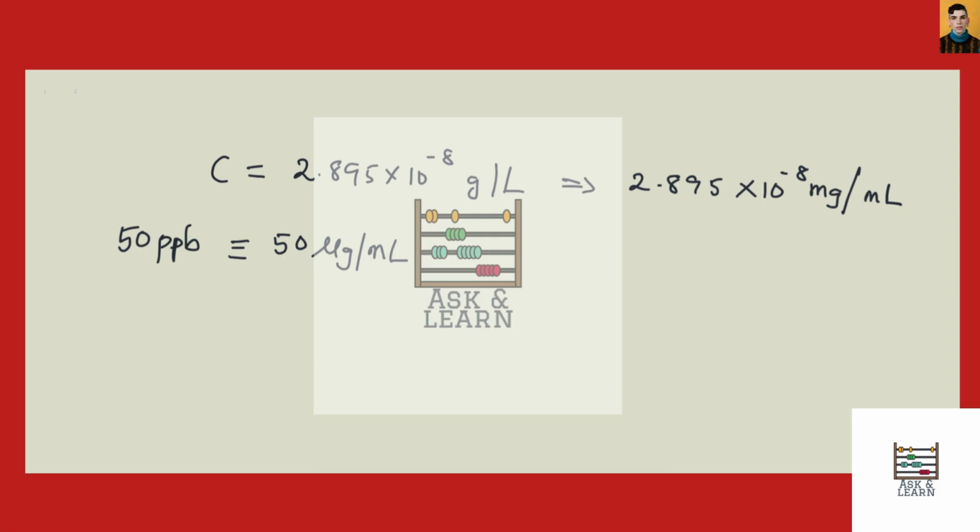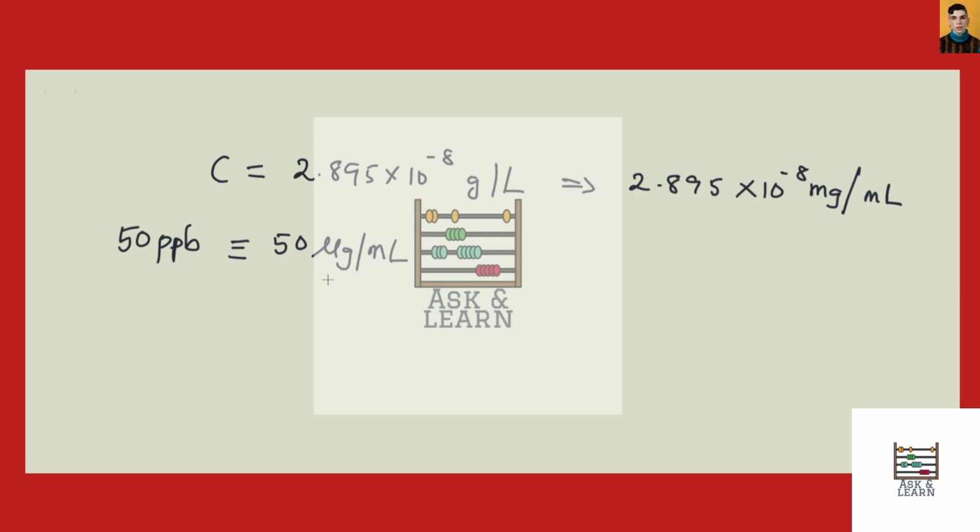So the question said that measuring the absorbance of a water sample at 280 nanometers is a good way to detect concentration of impurity above 50 parts per billion.